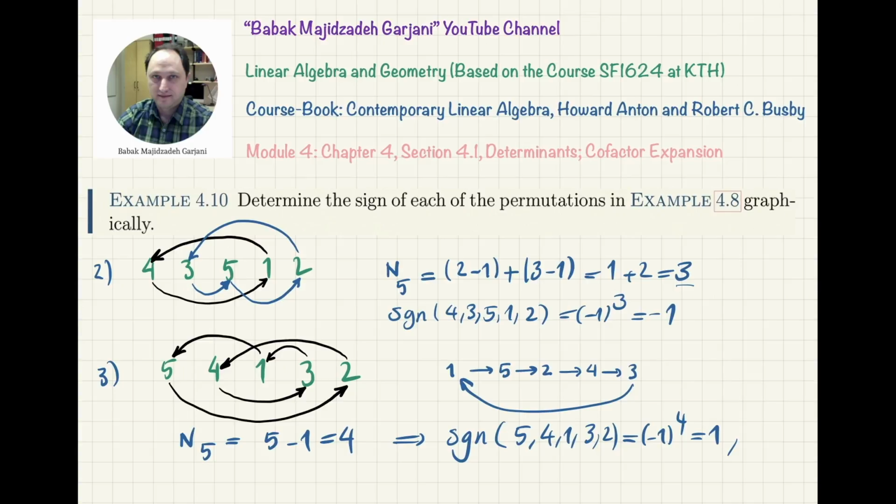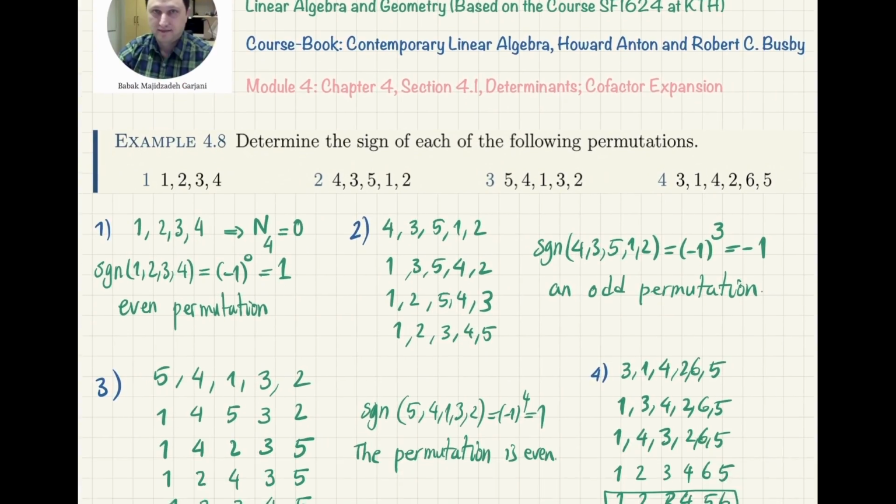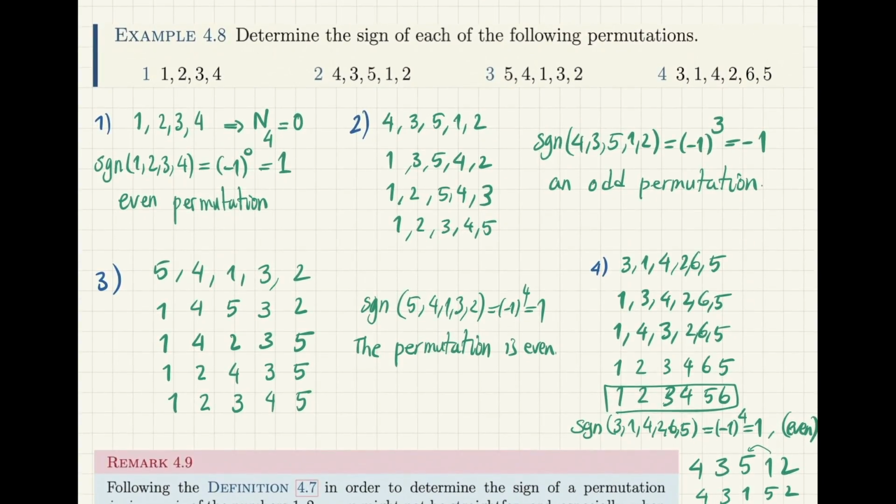So it is even. Yes. And then if you go back, number 3, we found it was even. And the minimum number of transpositions needed was actually 4, because I was indeed following the algorithm back in my head.